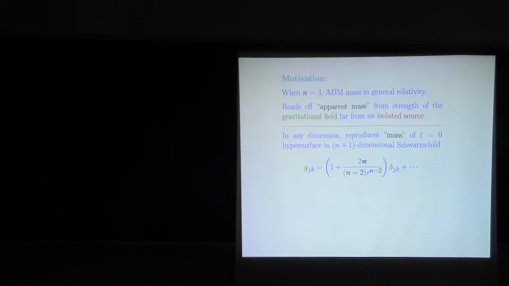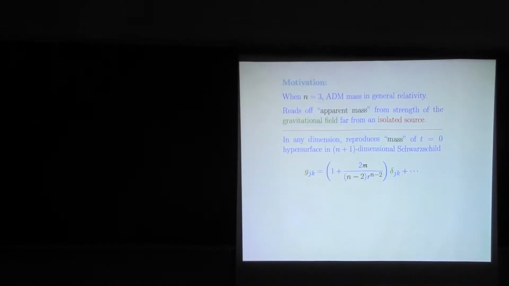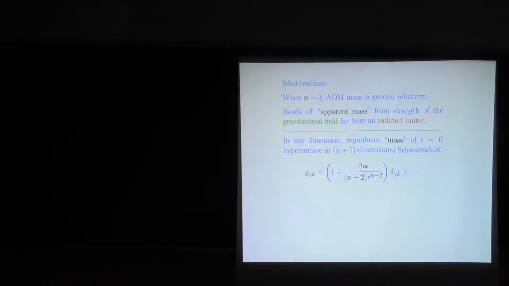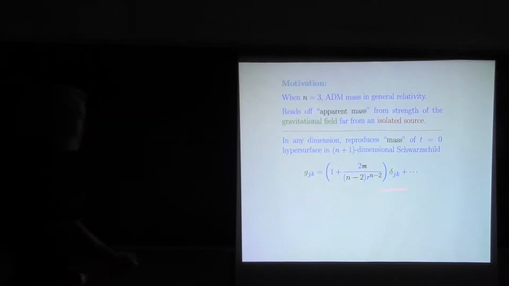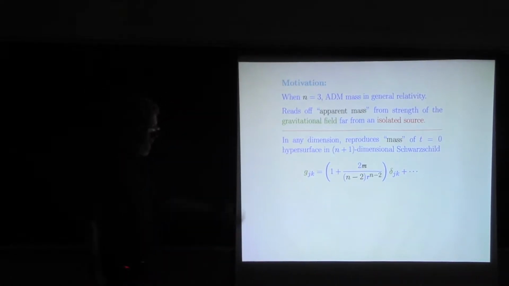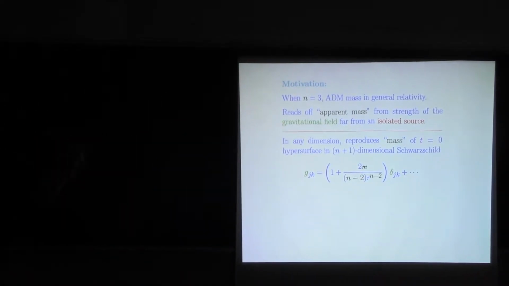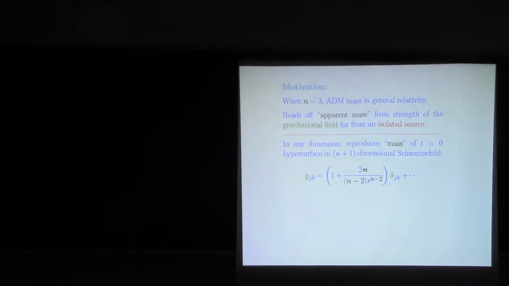And the crudest definition, in fact, most of the early mathematical papers that dealt with mass did not take that complicated integral formula. They just assumed the metric looked like this plus lower order terms. And so when Schoen and Yau first worked on the positive mass theorem, they assumed the metric had this form, and then it was extra work to get the fall off that I assume, which is actually much weaker than this.